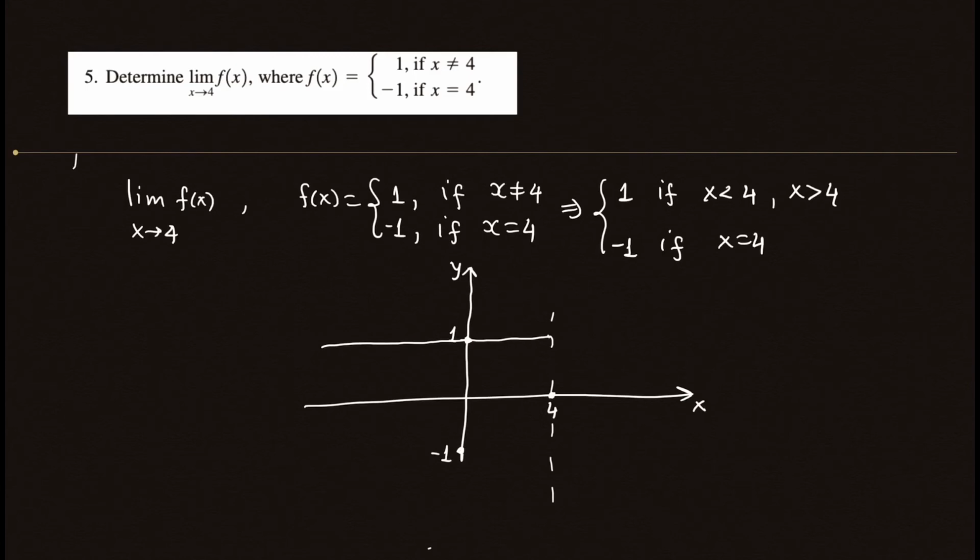Until here, it is open. And if x is greater than 4, you also have 1, like that. But when x equals 4, you have minus 1. It's closed, included.